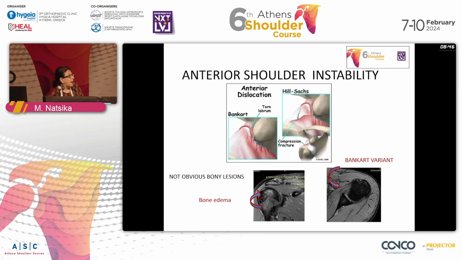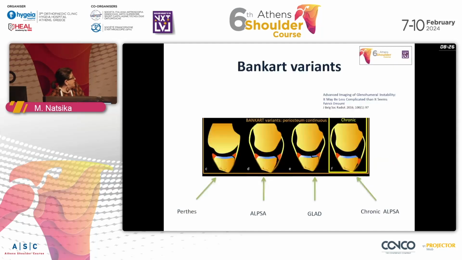Most often it happens in young patients, and we see this slight edema that reaches the greater tuberosity. And sometimes we also don't have bony Bankart lesions. So one of the main contributions of MRI imaging is to show these lesions.